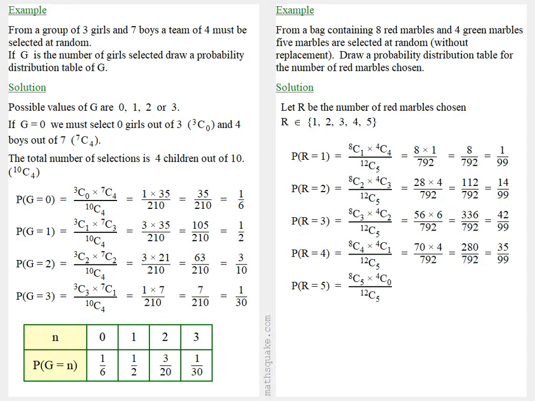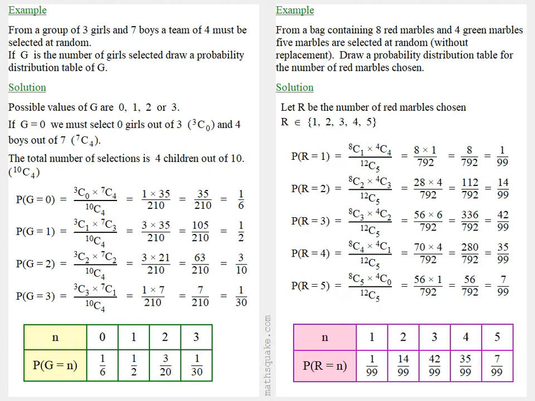And the probability of getting 5 red marbles means we've got to take 5 out of 8 red marbles and none out of 4 green marbles. So that's 8C5 times 4C0 over 12C5, which is 56 times 1 over 792, or 56 over 792, which cancels to 7 over 99. And we can put each of those answers into the table to complete it.